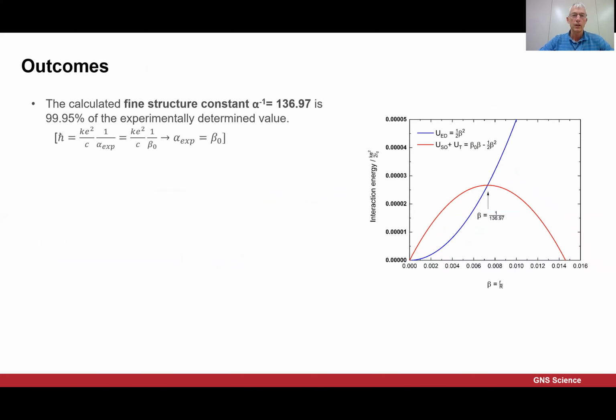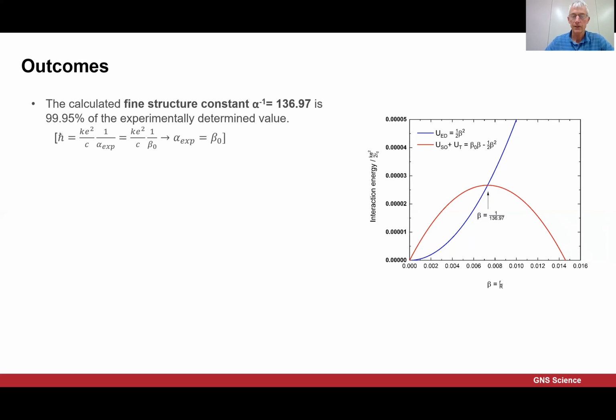So this velocity is equivalent to the fine structure constant, and this turns out to be 99.95% of the experimentally determined value.